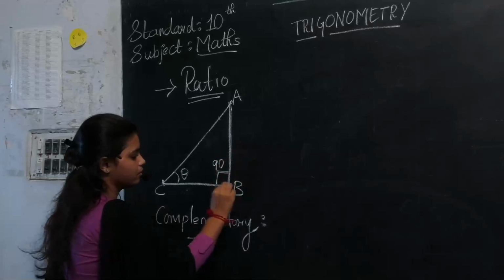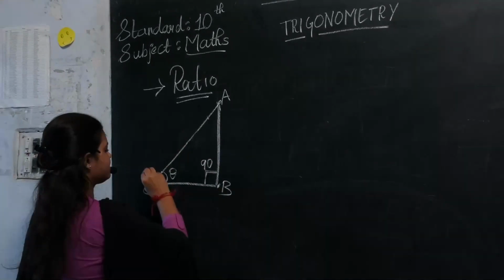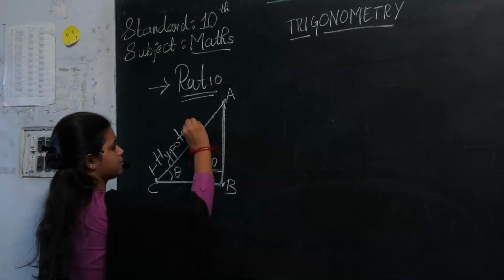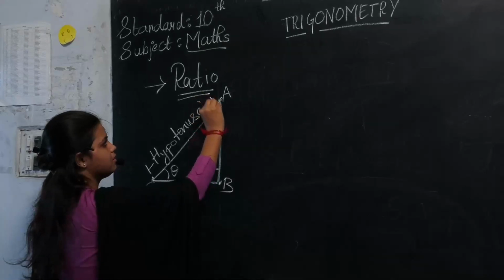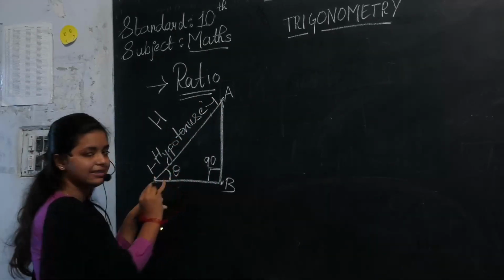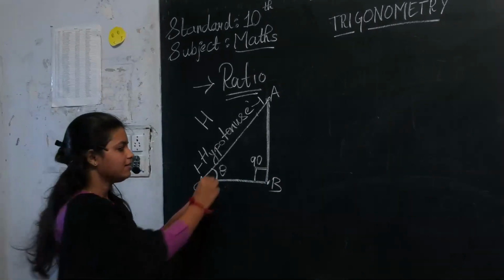So as you know that this is the hypotenuse. Right? You can call it H. Now, as we are mentioning this angle as theta, you can use alpha, beta, gamma, and so on. This is a Greek letter.